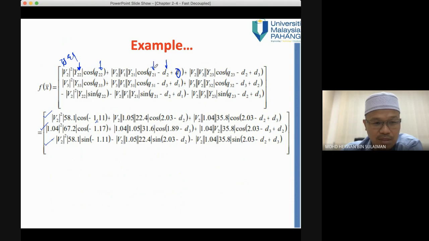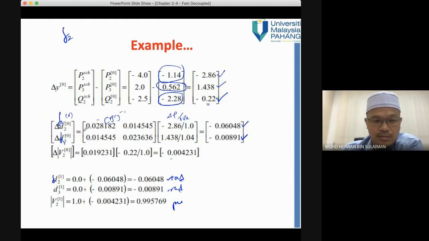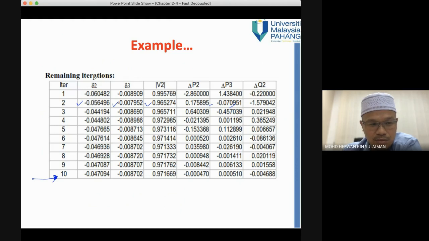So value ni maintain daripada Y bus. So yang ni berubah lah. Sama juga untuk yang lain lah. So bila you update, ulang balik dia akan dapat untuk second iteration pula and then third iteration pula. So boleh cuba lah, cuba sampai 4 lah.